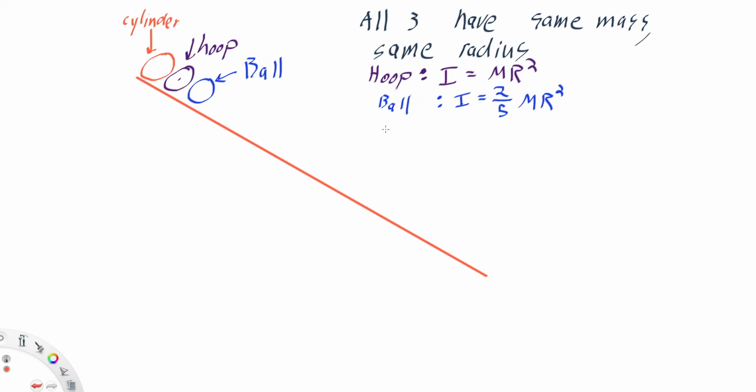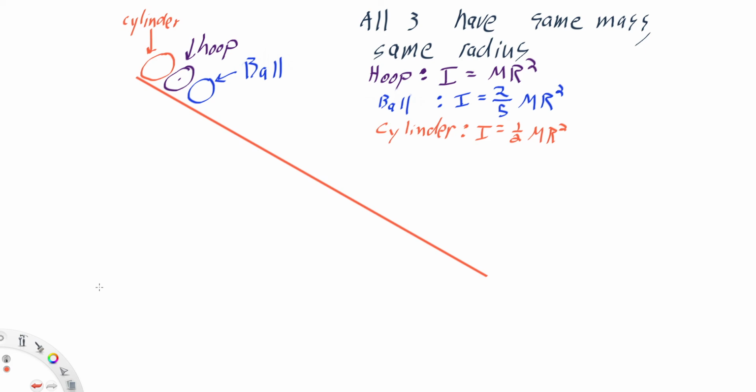And then lastly, the cylinder. We did that calculation on the last page, so we know that the moment of inertia is 1/2 mr squared. Okay.